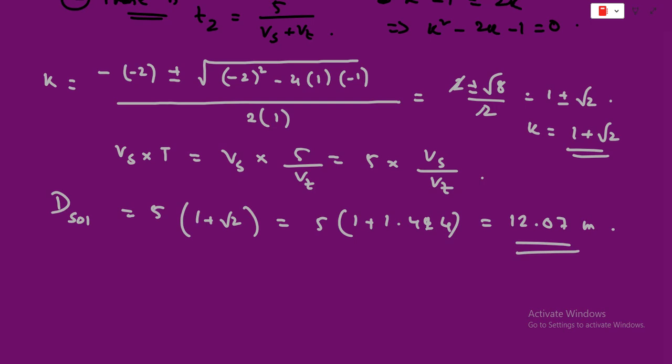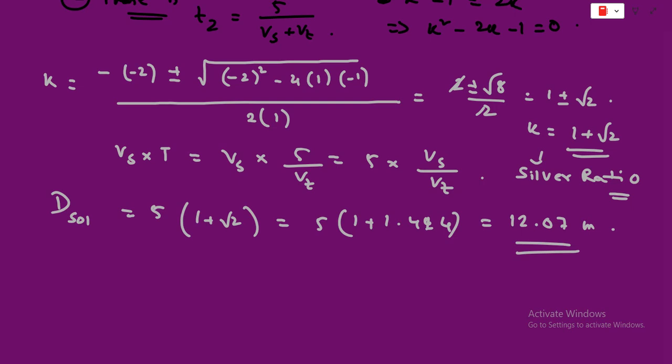Now the 1 plus root 2 we found in mathematics is known as the silver ratio. It's the less famous cousin of the golden ratio. If you see K square minus 2K minus 1 equal to 0 in the examination, don't think, just remember the silver ratio.